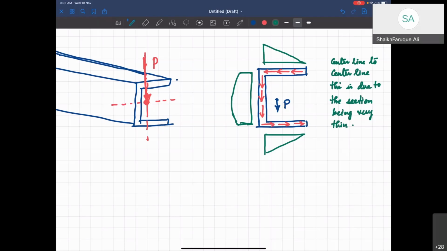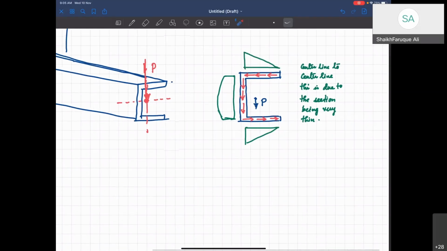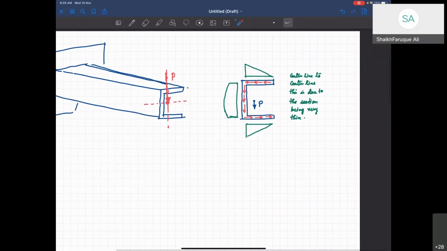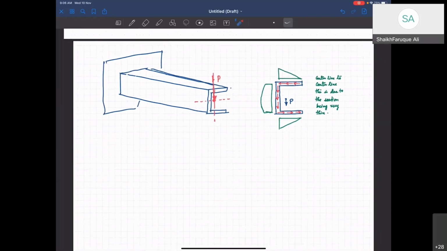So it doesn't matter how much more stress is on this side, or this side. So here also you see there is a little bit left. So it is all from center line to center line. All calculations are based on center lines, not to the end. To note that, to not make a misjudgment there, right?